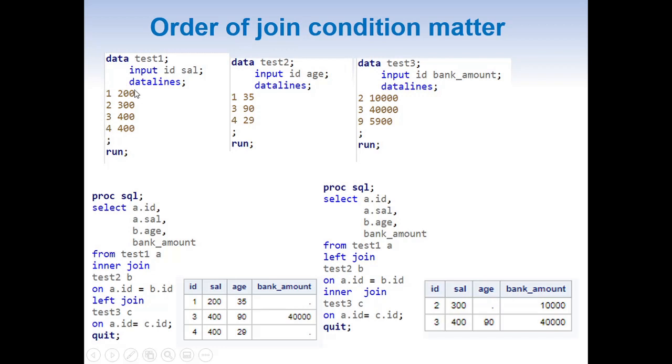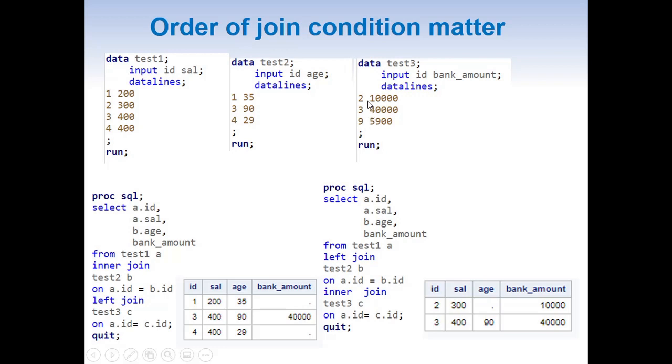In the next step, I am doing an inner join with the result I have got here, on a.id equal to c.id.